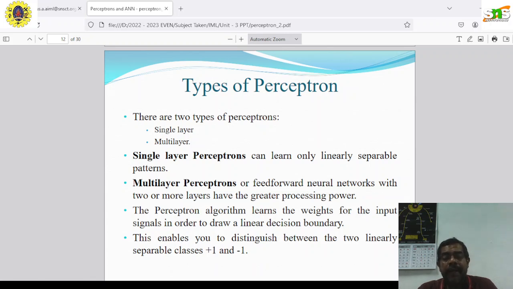Our next type is called multi-layer perceptrons, or feed-forward neural networks. This kind of multi-layer perceptron has two or more layers, and it has greater processing power. In a single layer perceptron, we have only one layer.